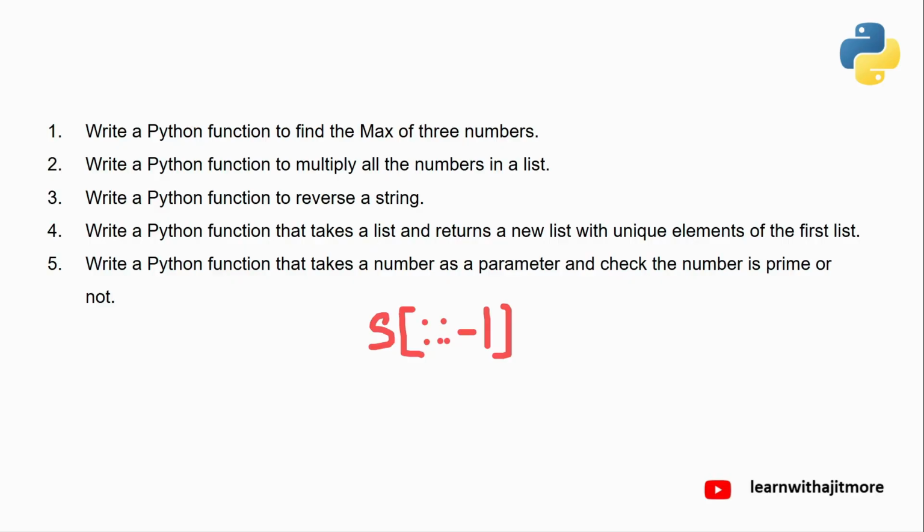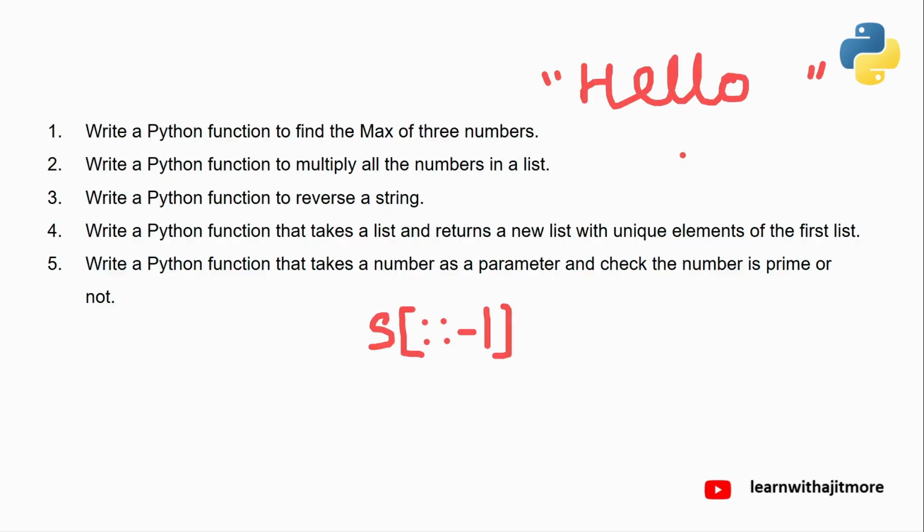So colon colon means it will start from 0 and the end is also blank, so it will go till the end, from start till end. But the step is -1, so it will start from the reverse and give you a new string. It never changes the original.